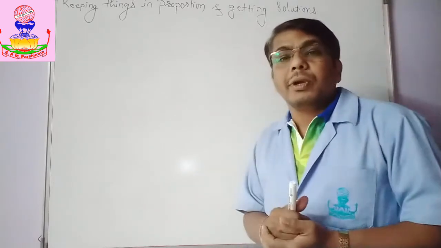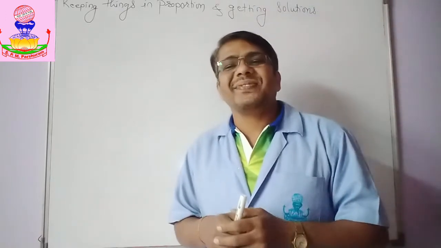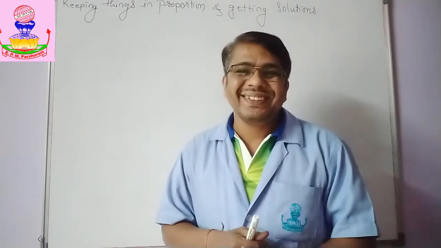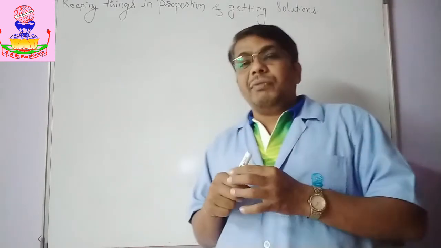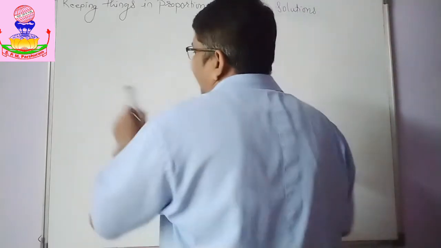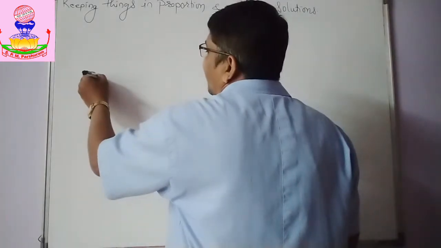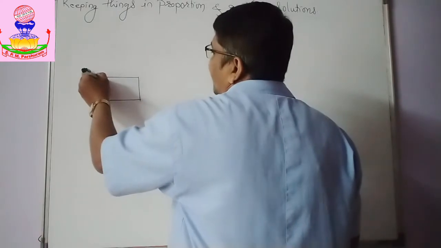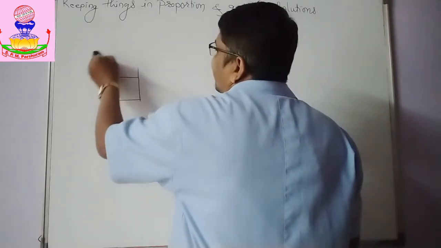Suppose if I tell you, draw a picture of your house and your friend standing in front of your house. So Aryan Madhav had drawn the picture, right? So what he did? He has drawn a picture of a house, his house, like this.